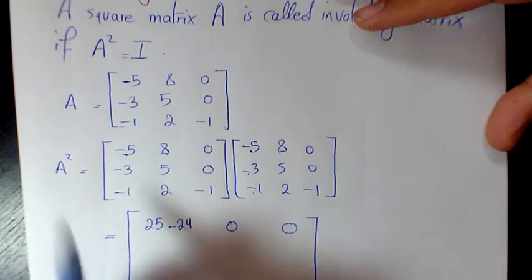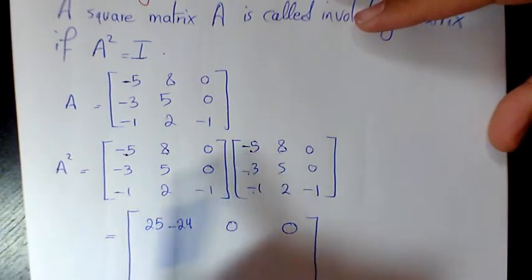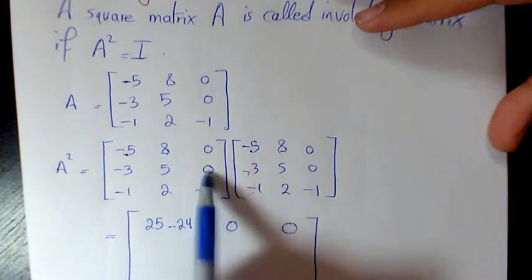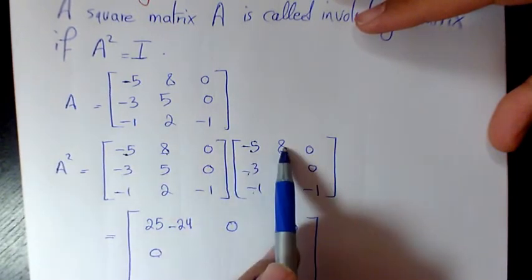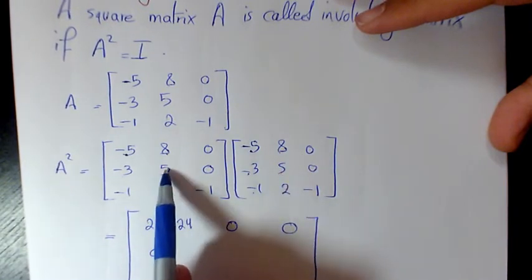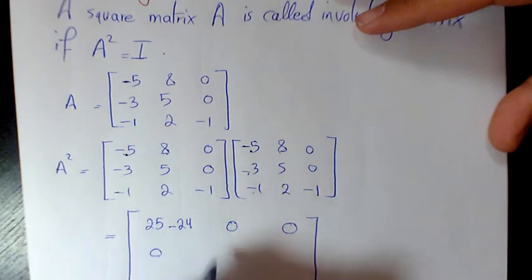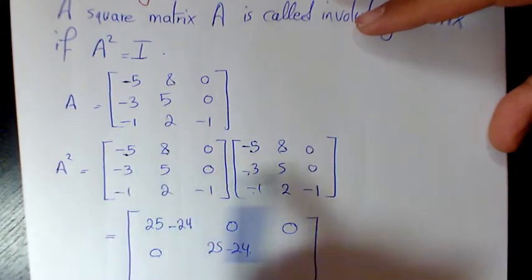That's 0 as well. -3 times -5, 15, 5 times -3, 0 times -1. That's 0. -3 times 8, -24, 5 times 5, 25, and 0 times 2 is going to be basically 25 minus 24.